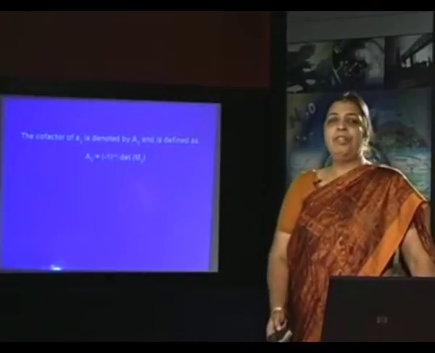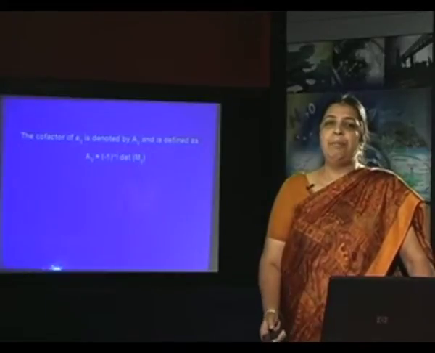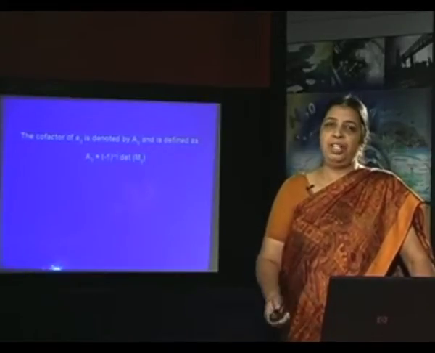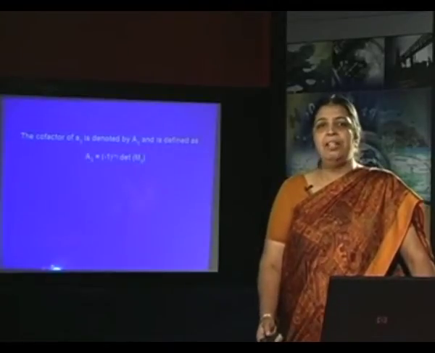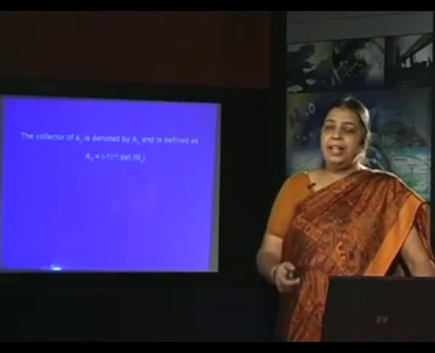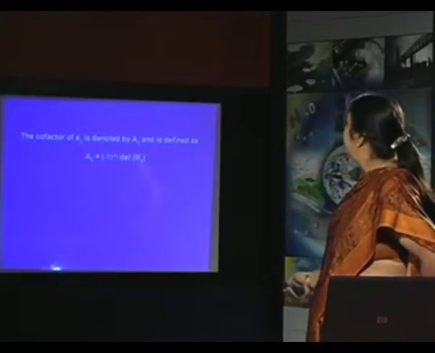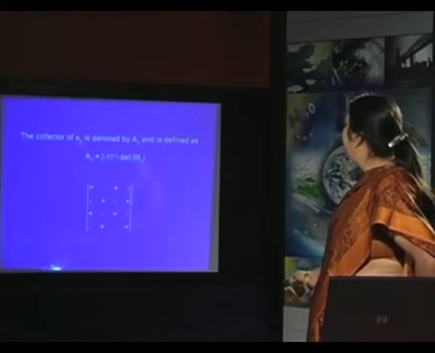Now, I have introduced the concept of minus, but the problem with minus is that one has to remember the sign, minus or plus, which term is to be taken with a minus sign and which term with a plus sign. So, what we do is we introduce another term called the cofactor associated with the element Aij. We denote it by capital Aij.